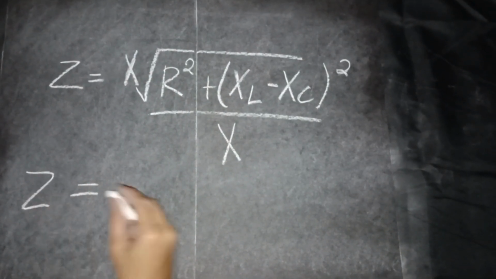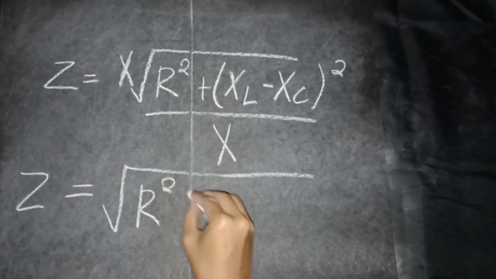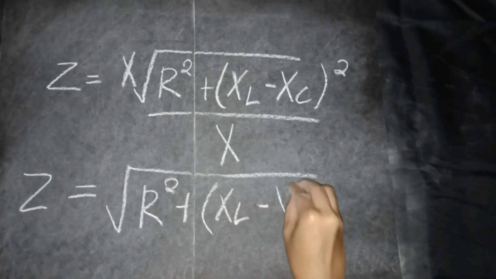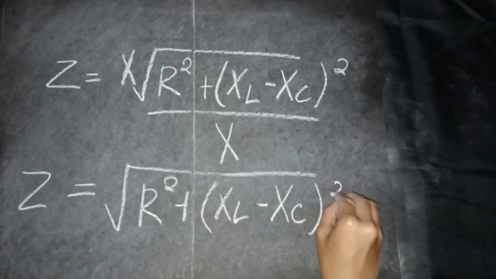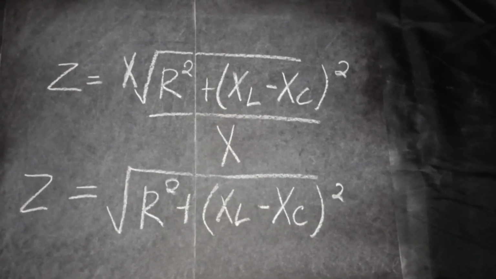And it will result in Z equals the square root of R squared plus XL minus XC squared. So, this is our final formula for the impedance.